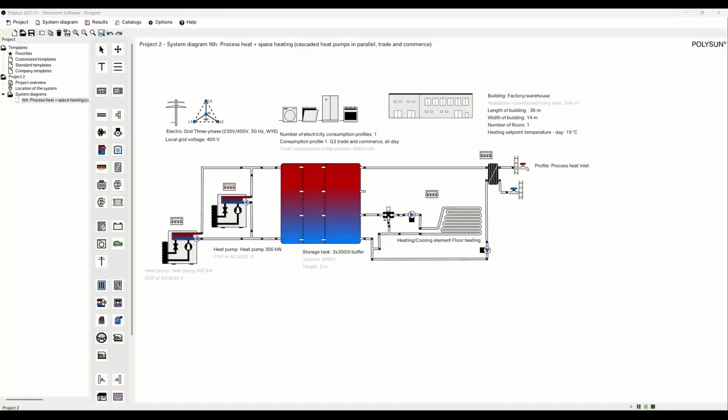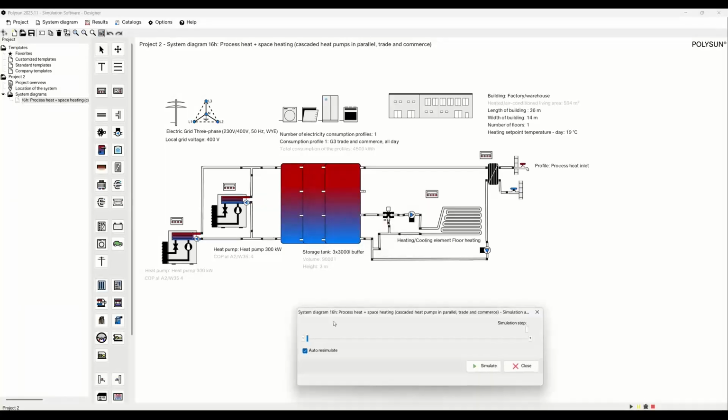Here we can see that 2 heat pumps are sharing the load, so they deliver the same temperature. We can also illustrate that when running the simulation analysis here with the green buck symbol. Then we can actually see what's happening in this system time step by time step.